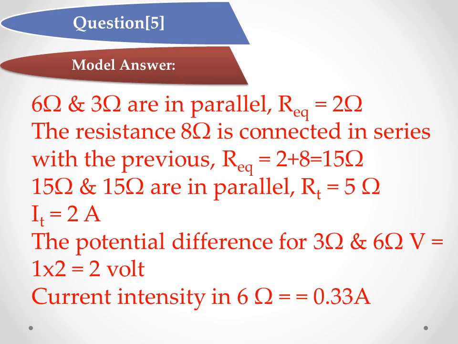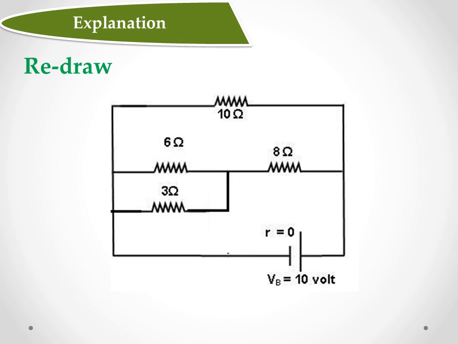In the opposite figure, if the bar magnet is being moved towards the loop, the potential of point A should be greater than, less than, equal to the potential of point B. Model answer. Less than. Explanation. Redraw.